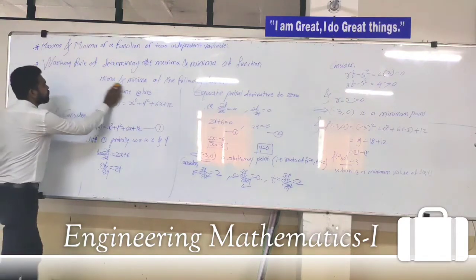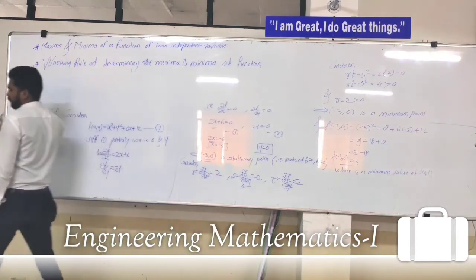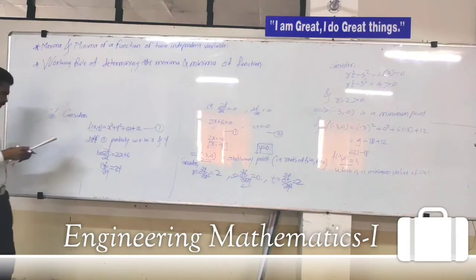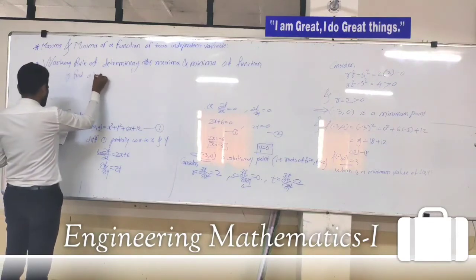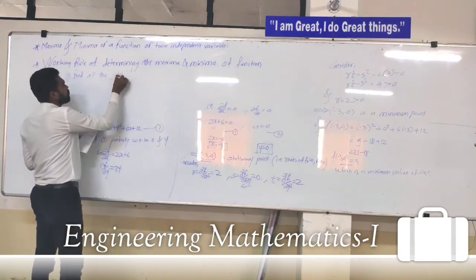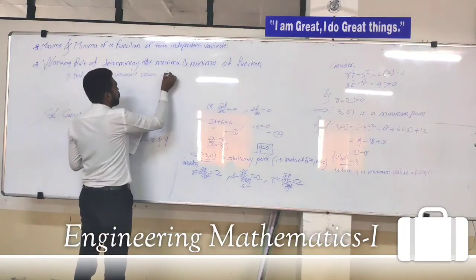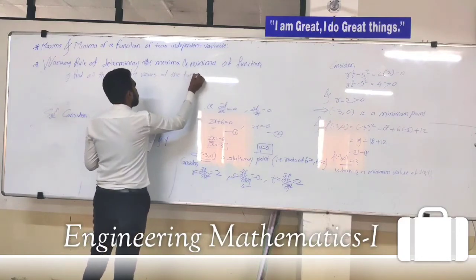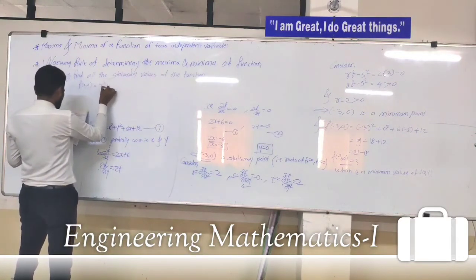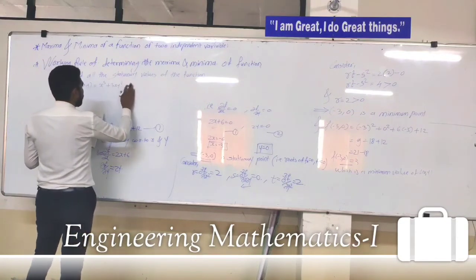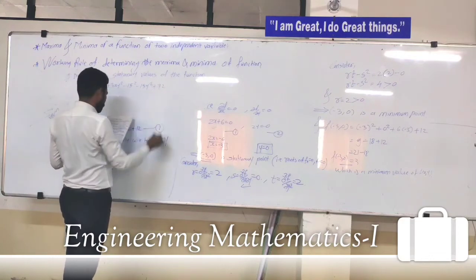Next example. Find all the stationary values of the function f of x y is equal to x cube plus 3xy square minus 15x square minus 15y square plus 72x.